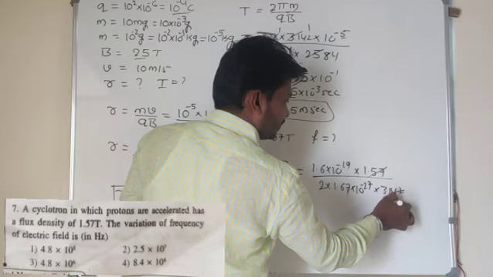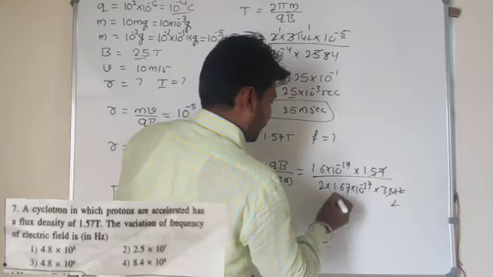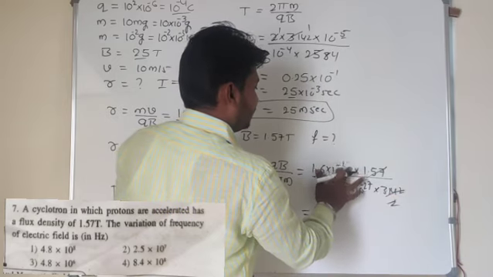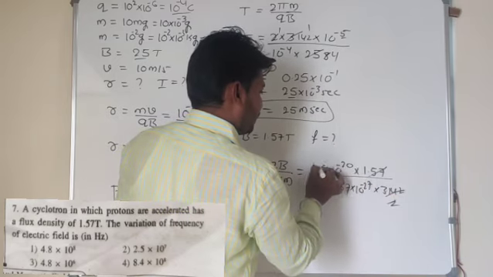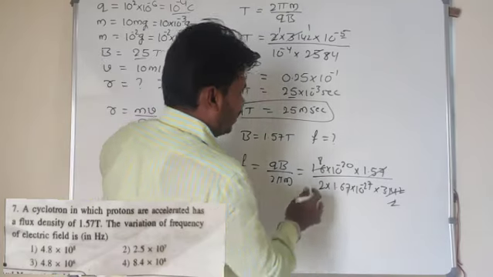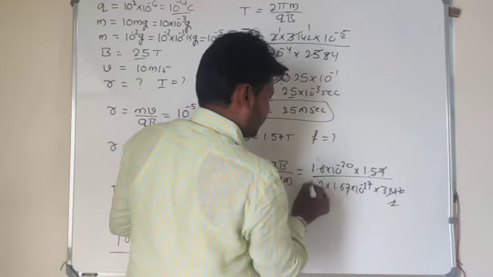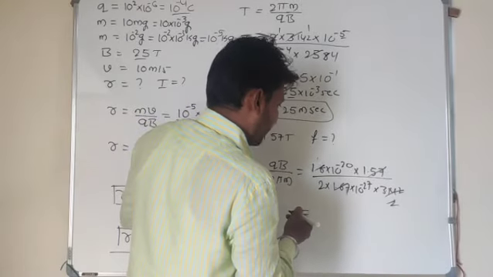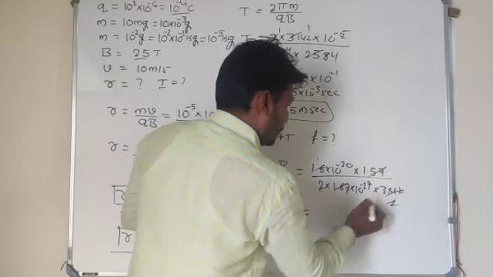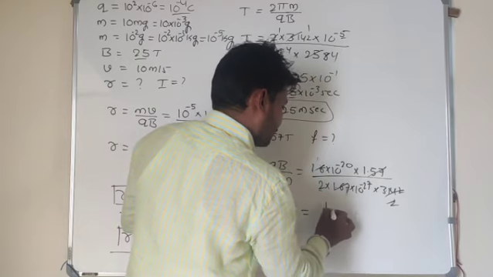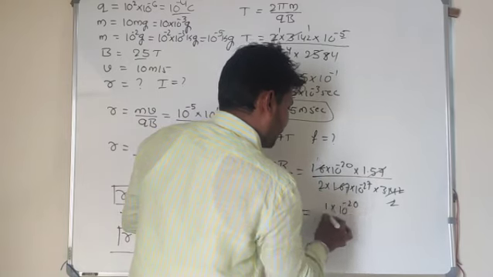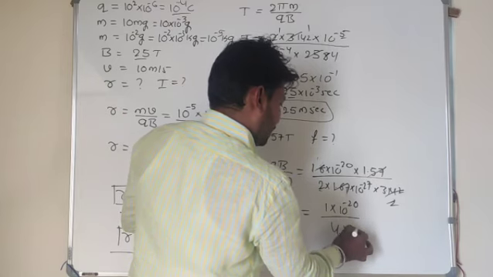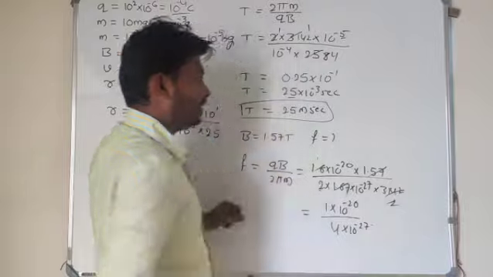1.5 divided by 2, and here I can take 1.6 as 16 into 10 to the power of minus 20. Here you will get 8, or otherwise leave that one. This 1.6 term will get cancelled out here, right? If these terms cancel out, 1 divided by 1 means 1 into 10 to the power of minus 20 divided by 4 into 10 to the power of minus 27.